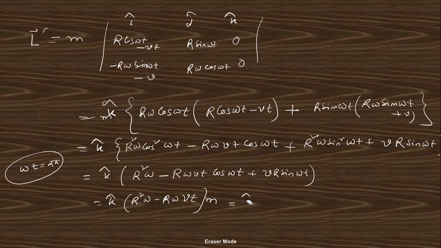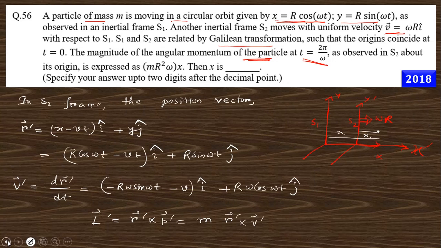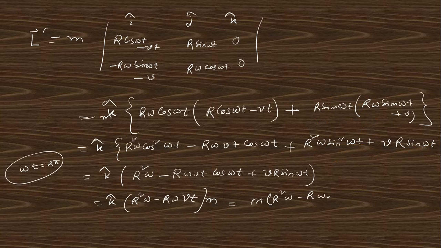Just take the magnitude. So m r square omega, and put v as omega r, into t, which is nothing but 2 pi by omega. So you will get omega square, one omega cancels out, so you take common m omega r square, within the bracket 1 minus 2 pi.